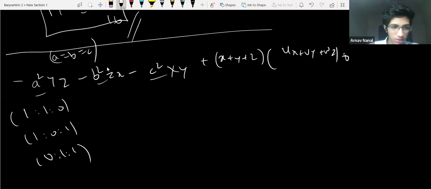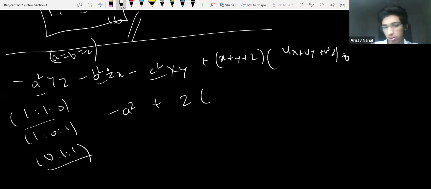Yeah, so if you put this thing, what do you get? Let's put this. So you get minus a square plus 2 into, what is this? u plus, no, b plus something is equal to 0. So you get v plus w is equal to a square by 2.